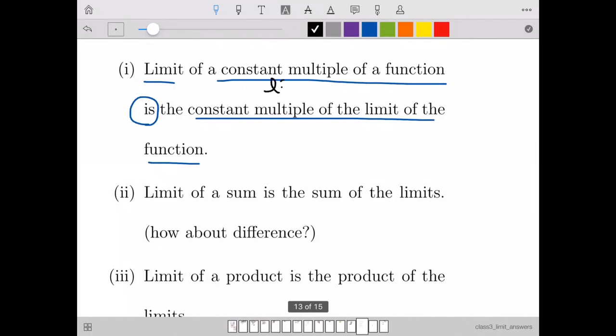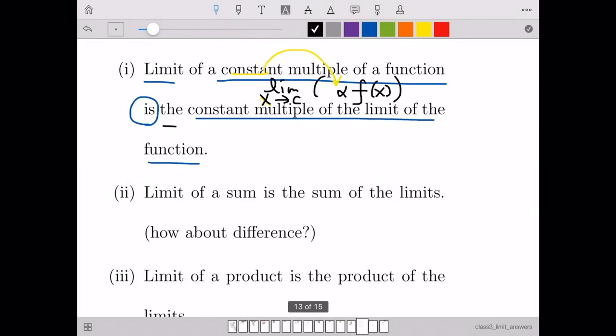So the limit of a constant multiple, let's say alpha times f, where alpha is a constant, as x approaches c, is equal to the constant multiple alpha of the limit of the function.